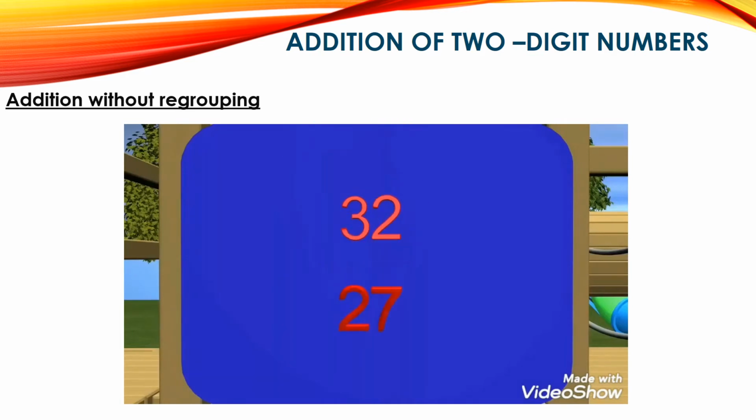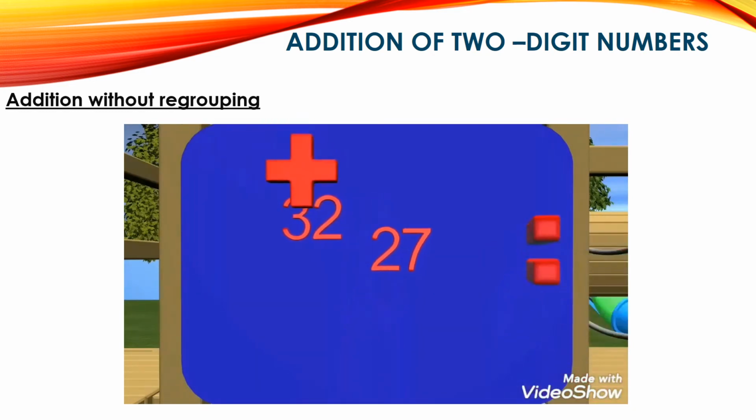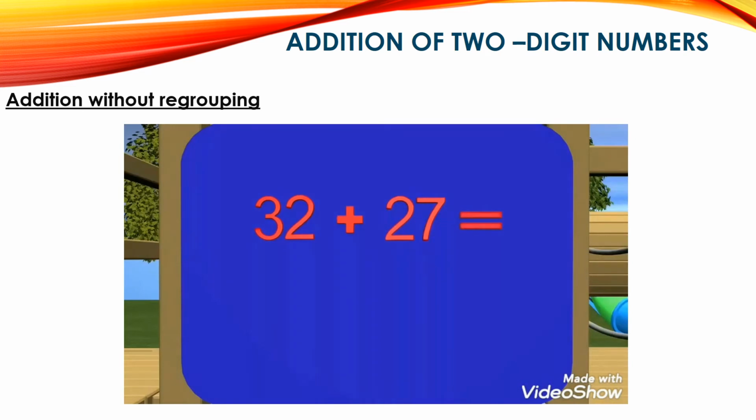Addition of two-digit numbers. Addition without regrouping. Without regrouping means without carrying. Add these two numbers, 32 plus 27. You have to arrange this in the place value chart.